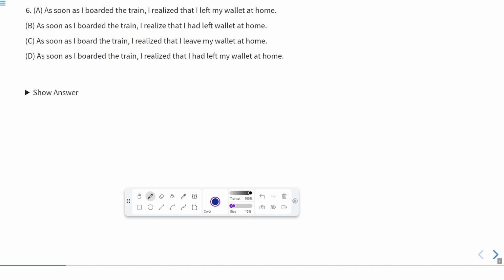Now, if you look at this sentence, as soon as I boarded the train, it means at the particular moment when I boarded the train, I realized that I left my wallet at home. Now, when I boarded the train, this situation, that is, I left my wallet at home, must have happened before that particular situation.